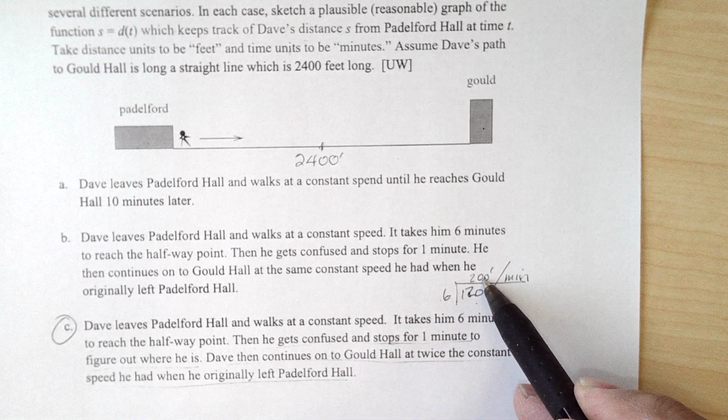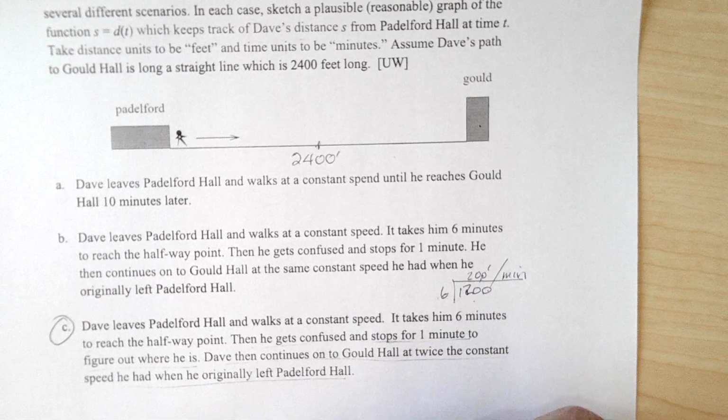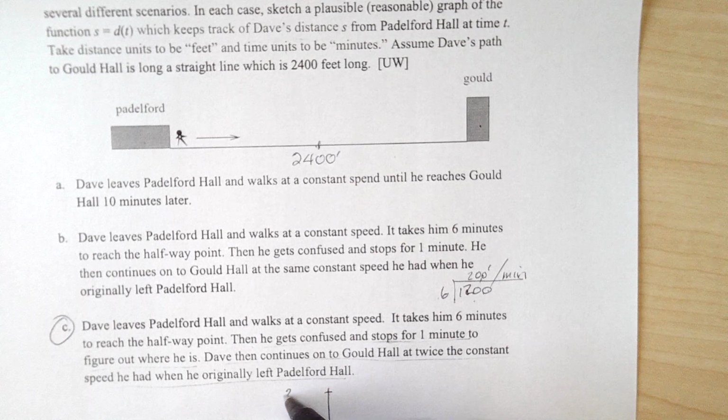So what's the graph going to look like? Well, this is the time, and here's 1, 2, 3, 4, 5, 6, 7, 8, 9, 10, 11, 12, and here's 0 distance from Padelford Hall, and here's Gould Hall at 2,400 feet from Padelford Hall.